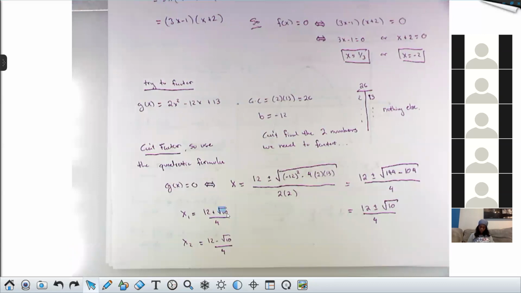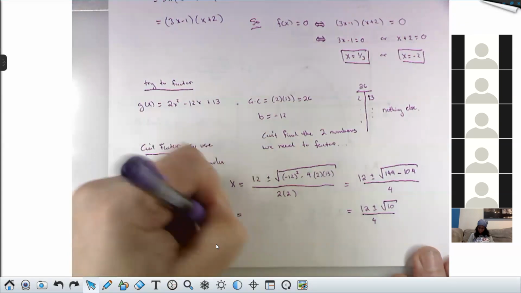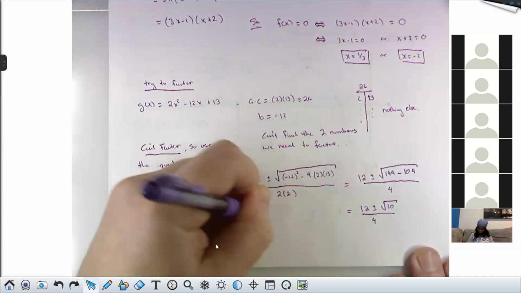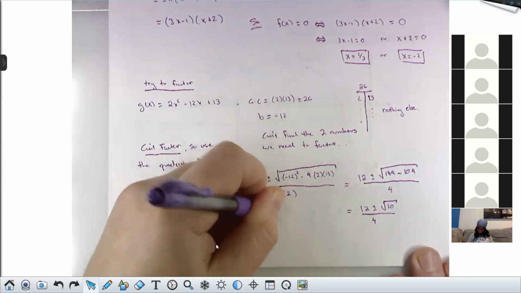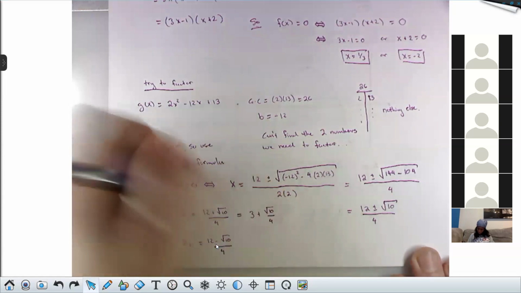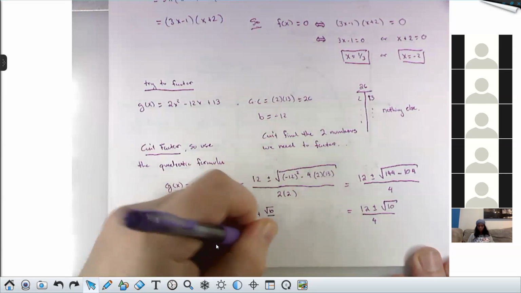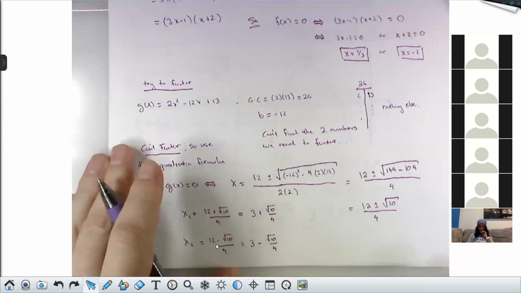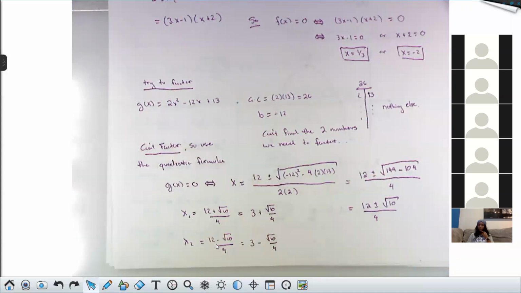So there really isn't anything you can do with the root 10 in either of these. The 12, if you wanted to split these up, you could write this as 12 over 4 plus root 10 over 4. 12 over 4 is 3. So I could write this as 3 plus root 10 over 4 and 3 minus root 10 over 4 if I want to. That's as nice as I can really get these here.